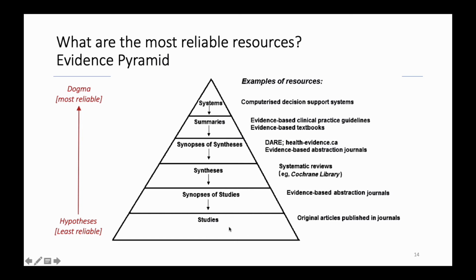The original articles are all down at the bottom, and they're the least reliable. I've already mentioned why corroboration is often lacking, and it makes it difficult when you're searching to start off in PubMed and the studies, because you don't really know if the study ended up being worthwhile.